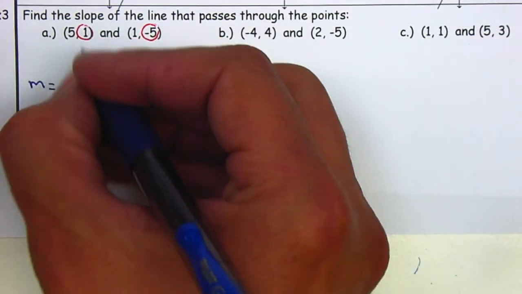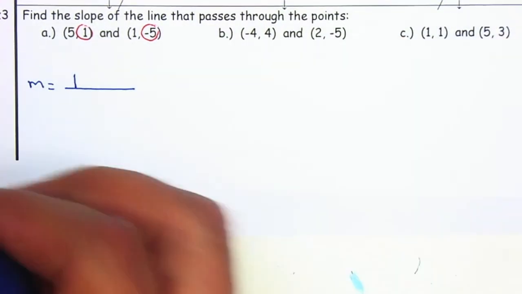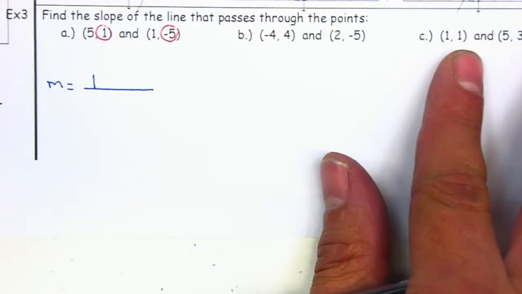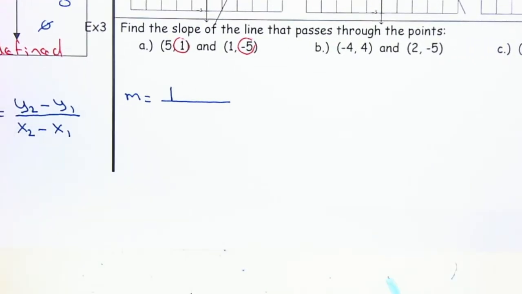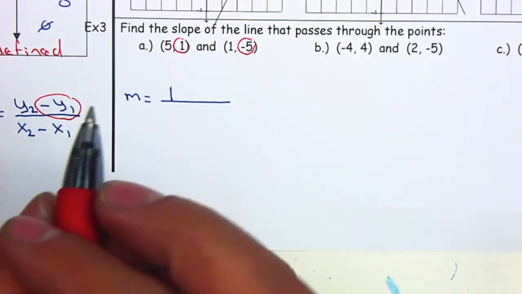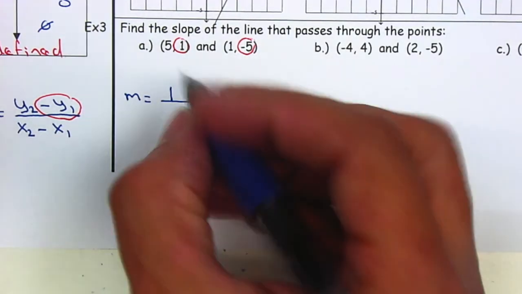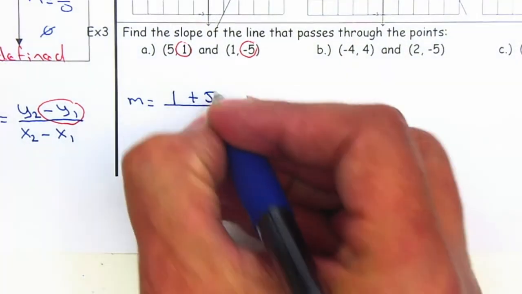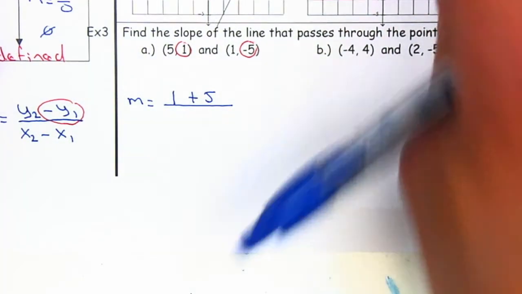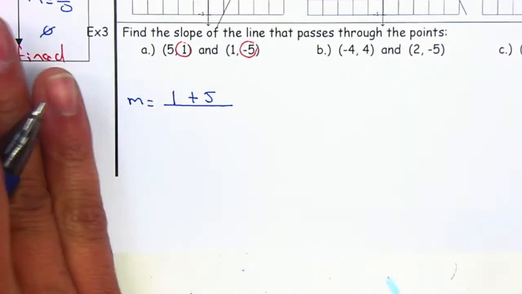We're going to place the first y first. The second one, because the formula says minus y, that means the opposite of the second y. So instead of a negative 5, it will be a positive 5. And the same thing works with the x's. Don't worry about x2 and x1. You can ignore it.